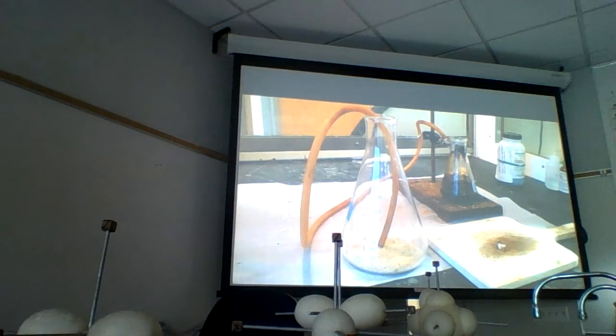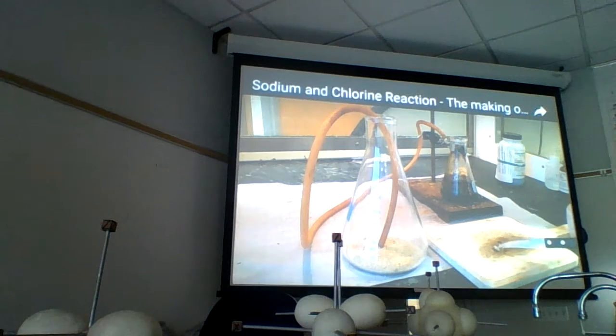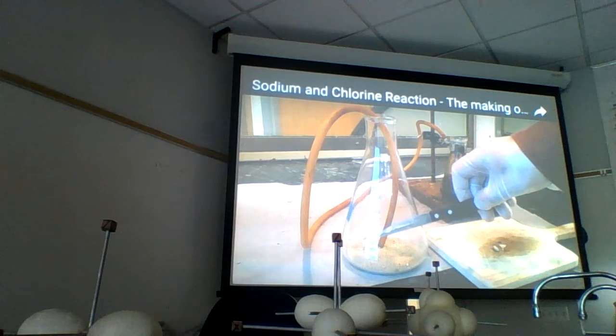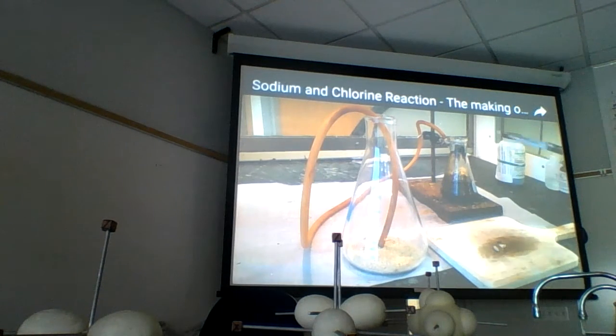They put some sand there so that there's less thermal shock to this, and they're generating some chlorine gas. That's some sodium metal they have on the cutting board there. This is being done in the hood, it looks like. A little audio here.